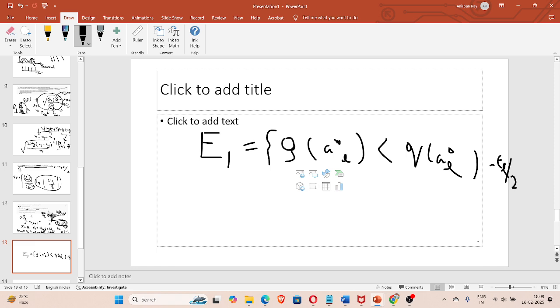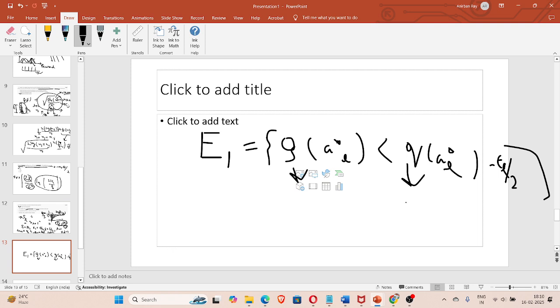What we're seeing in this event, you can understand, is that it is our estimation of Q for A star, and this Q is the true reward.